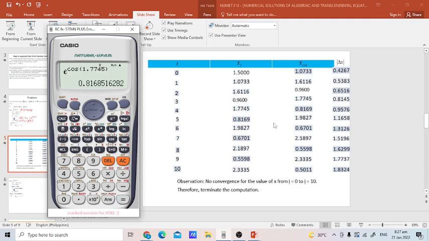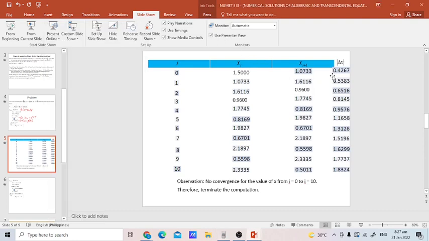Okay. 0.8169. Hanggang makarating ka dito sa 0.5011. Ano napansin nyo? Ha? So, delta x, 0.42, 0.3, 0.5383, 0.65, 0.81. Lumalaki.